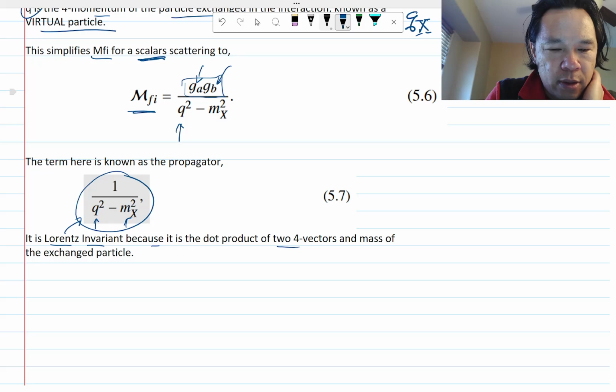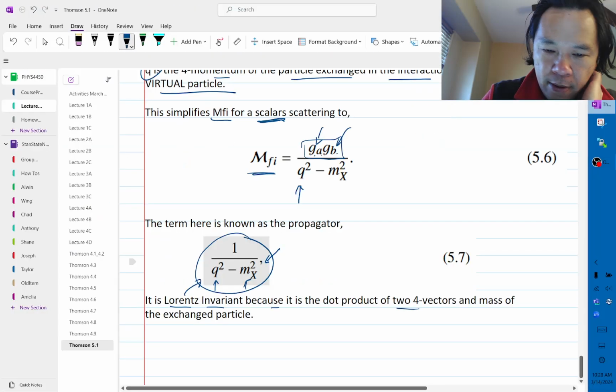The assumption of dealing with scalars gave us these GAs and GBs, but in the future, when we get to spin 1/2 particles, we're going to change these GAs and GBs out, but this propagator still remains.